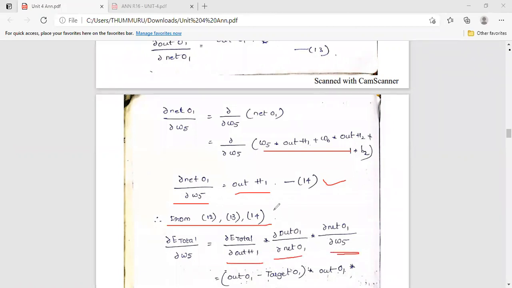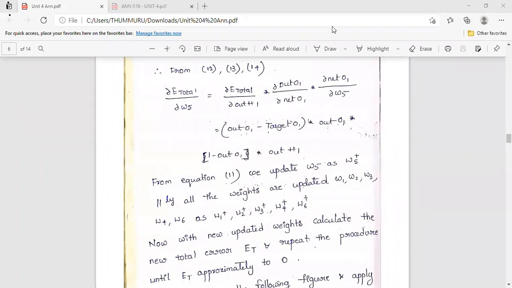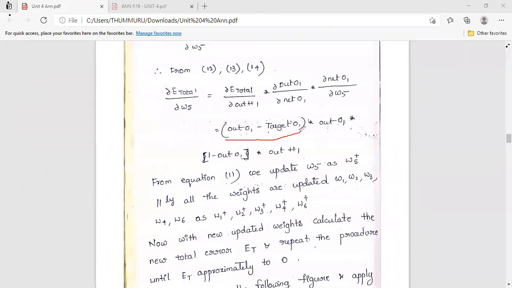Substitute the above formulas into that particular out O1 minus target O1 for this one, and for this one out O1 into 1 minus out O1, and finally out H1.